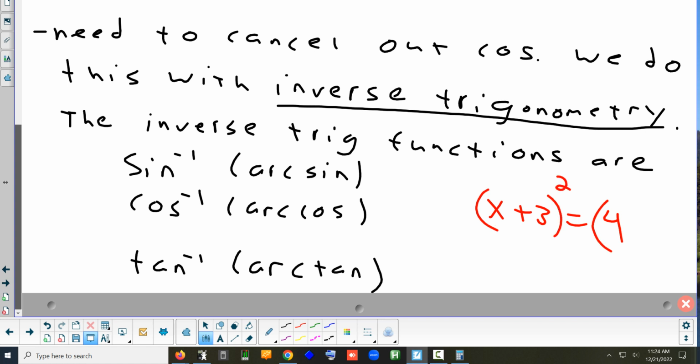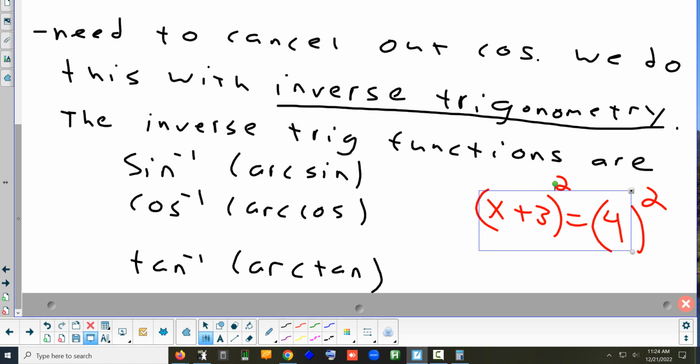That's the left squared, and that's the right squared. So that would be x squared plus 6x plus 9 equals 16. When you do a function, you have to do it to the entire side, not the individual terms on the side. You have to do it to the whole thing.